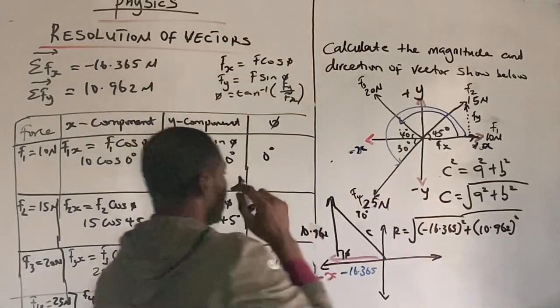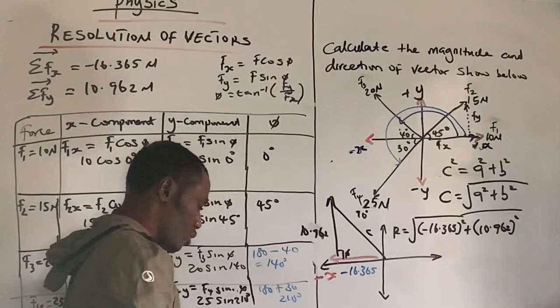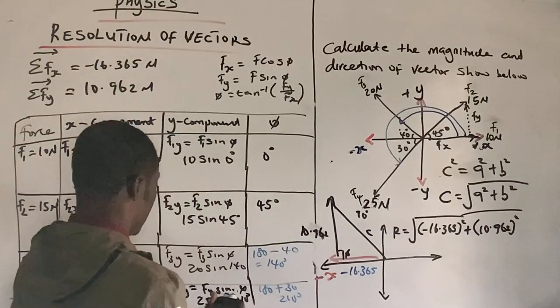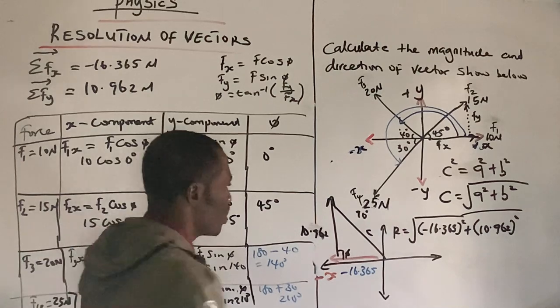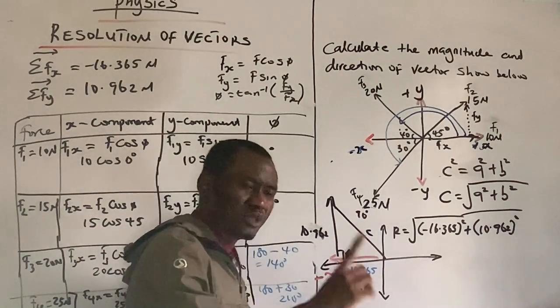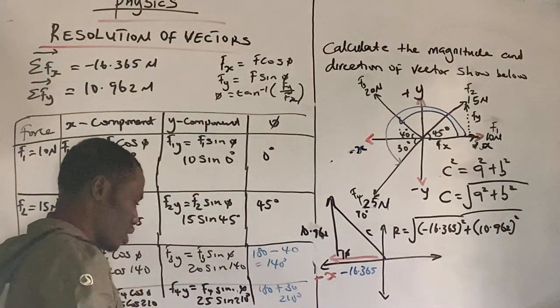Now let's put that into our calculator and see what we're going to have. We have the square root of negative. If you want to, you can remove the negative sign, you will still get the same answer. Minus times minus is plus, because of this bracket. If you want to, you can remove it; if you want to, you can add it.